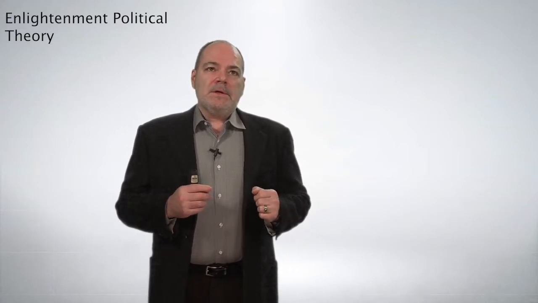So let's take a look at some of the key themes here. First, we're going to look at Enlightenment theories of human nature. In the last lecture we looked a lot at epistemology: how does one know what one knows, and the ramifications of that for metaphysics. But today we're going to look at some of the theories of human nature, what a human is.